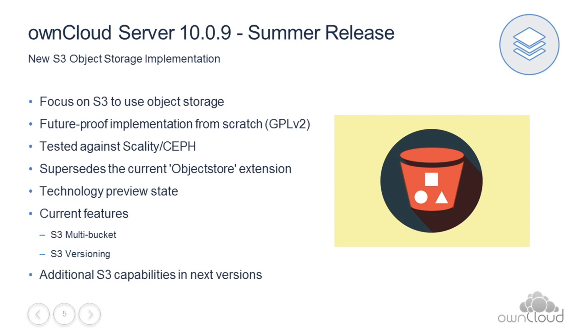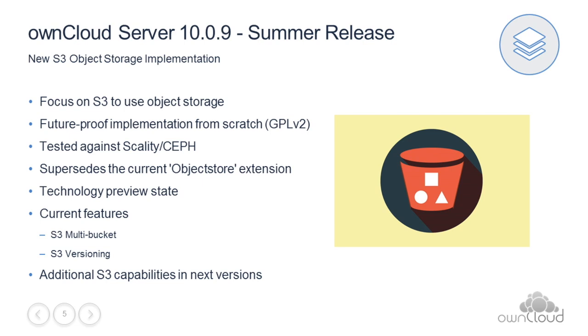So the new implementation, which was just published, is also tested against popular object storage systems like the products from Scality or Ceph, which should be known if you're dealing with these things.